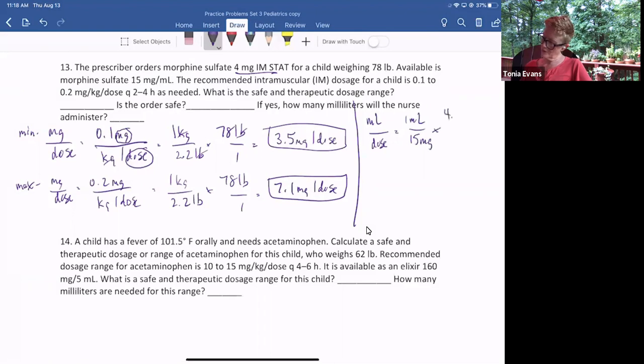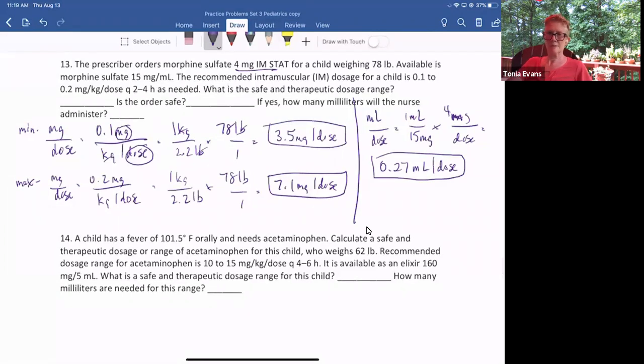We have 4 milligrams per, that really was supposed to be an M, per dose. 4 divided by 15 is 0.27 mLs per dose. 15 per.